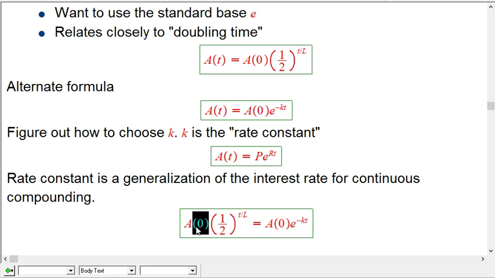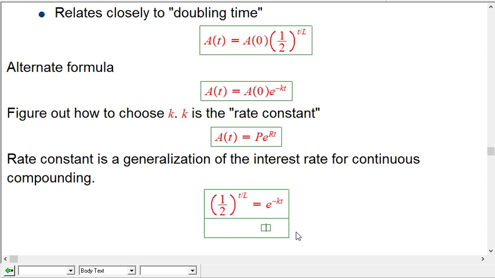The A of 0s cancel out anyway; they can't screw it up because they just cancel. It's supposed to be true for any t, but I need to isolate L and k to get the relationship. So I'm going to take the logarithm of both sides. I could choose the base 1/2, base e, or something else. I'm going to take it to the base e because that's the most standard thing.